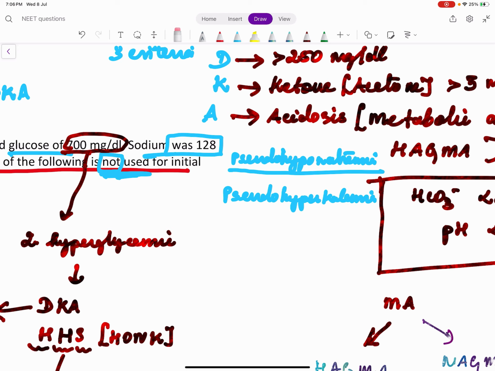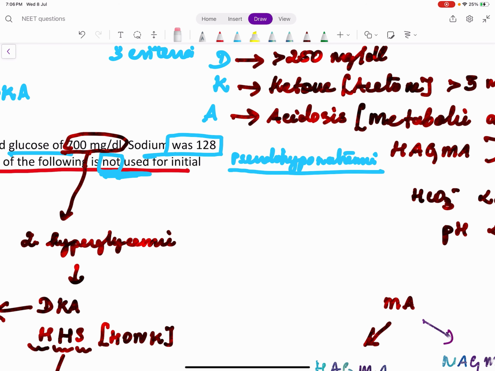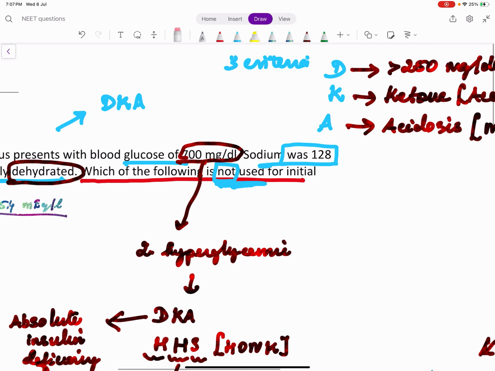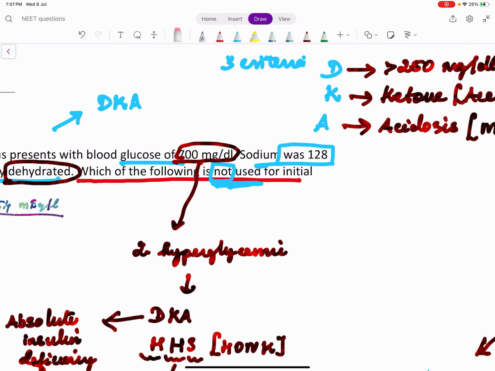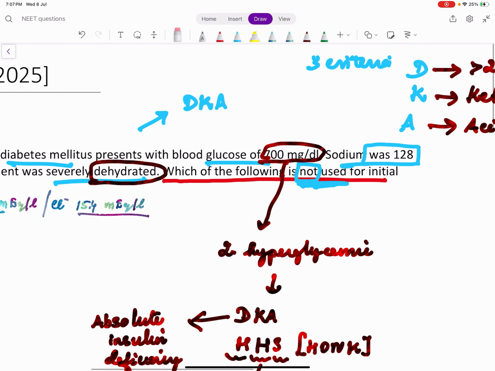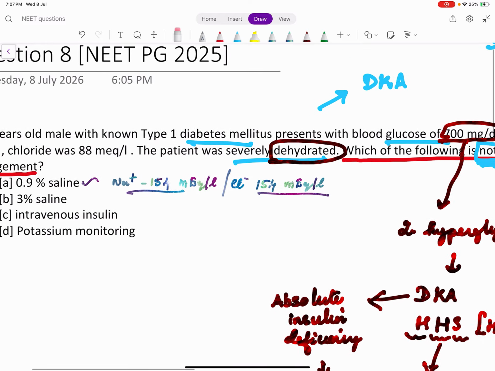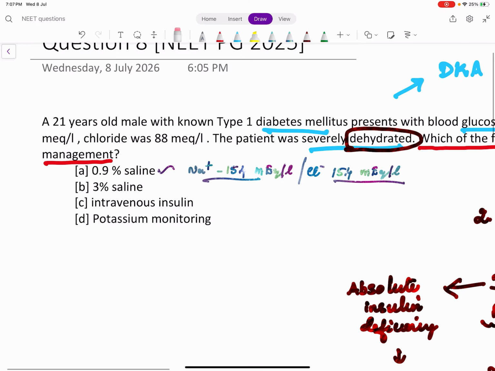So before diagnosing electrolyte imbalance, we always have to rule out the pseudo condition. This could very well be a pseudo hyponatremia. Even if it is a hyponatremia, it is not severe, so it does not need 3% saline. So this is not used.